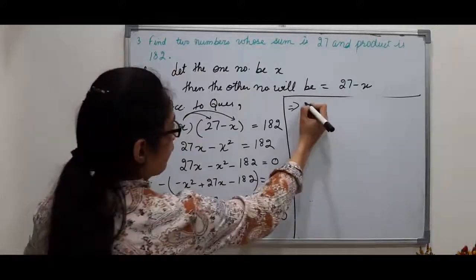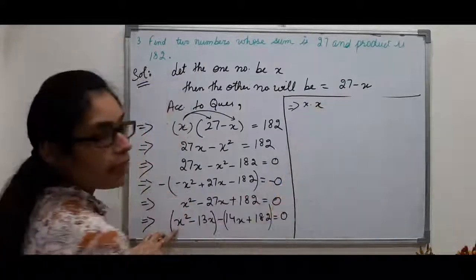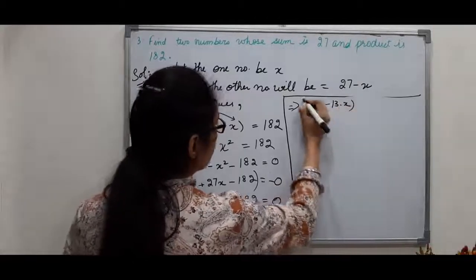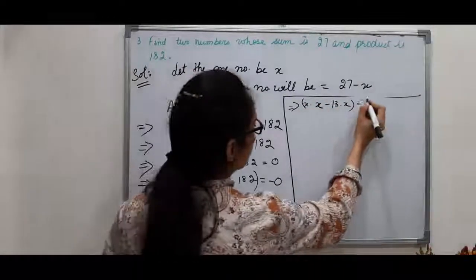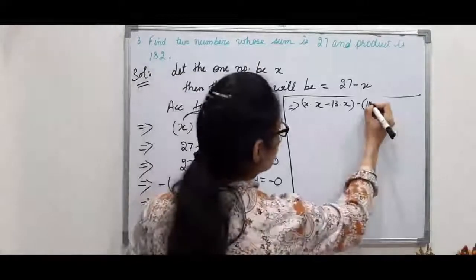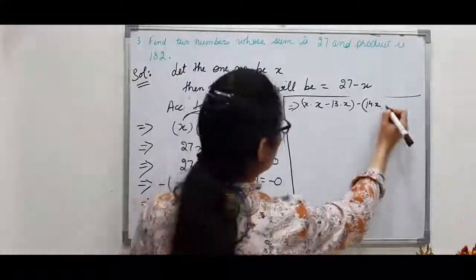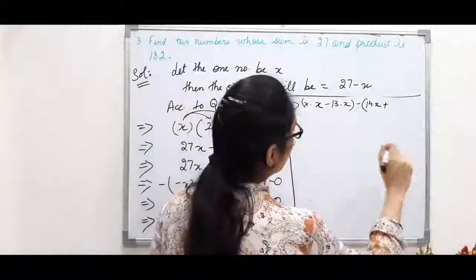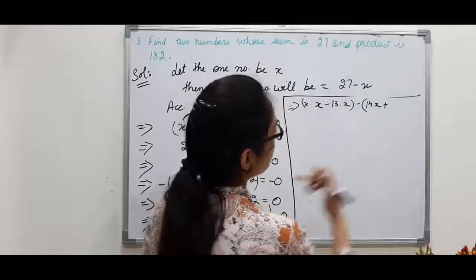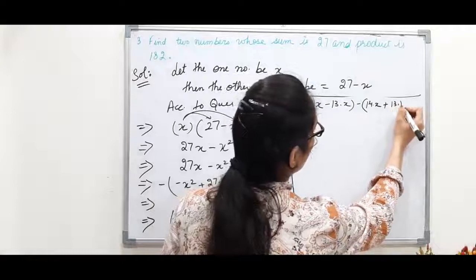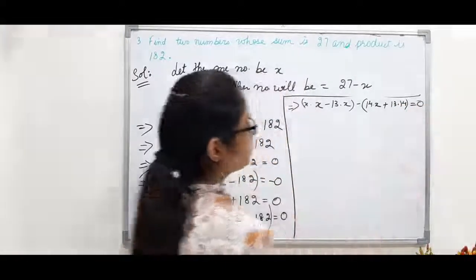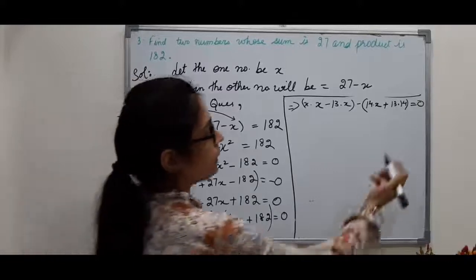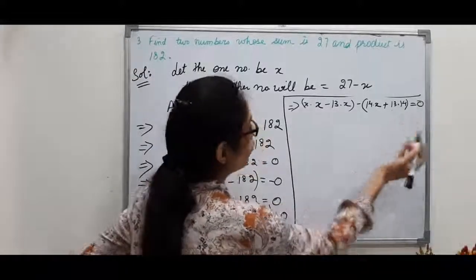So x square can be written as x into x, minus 13 into x. Here minus we will write as it is. 14x we will write 14 into x plus 182. 182 you can write as we have made the factors, 13 into 14.